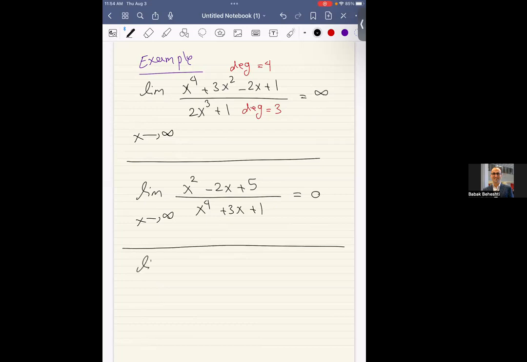And if the degrees are equal, for example, now the degrees are equal. Both are 4. So now the limit is just 3 over minus 1.